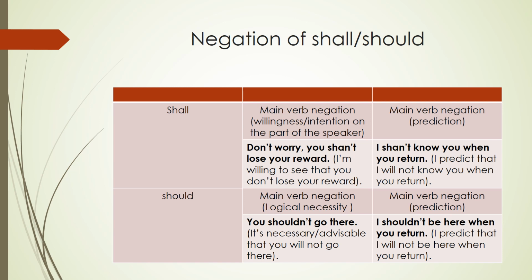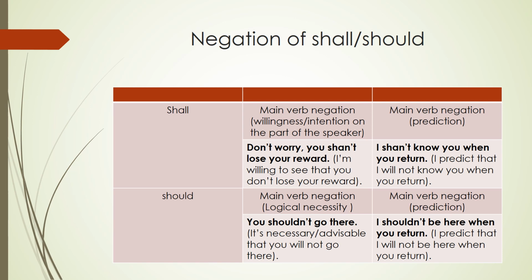Why? Because shall is outside the scope of negation. The scope of negation starts from not to the end of the sentence, and we are negating the verb. So the meaning of the sentence is I predict that I will not know you when you return.